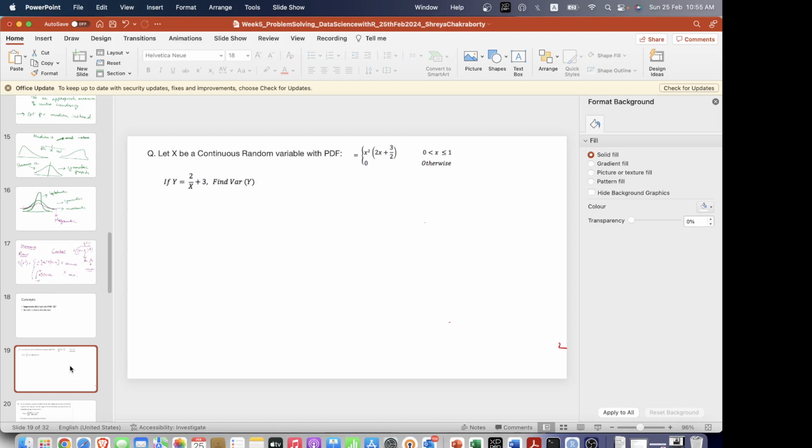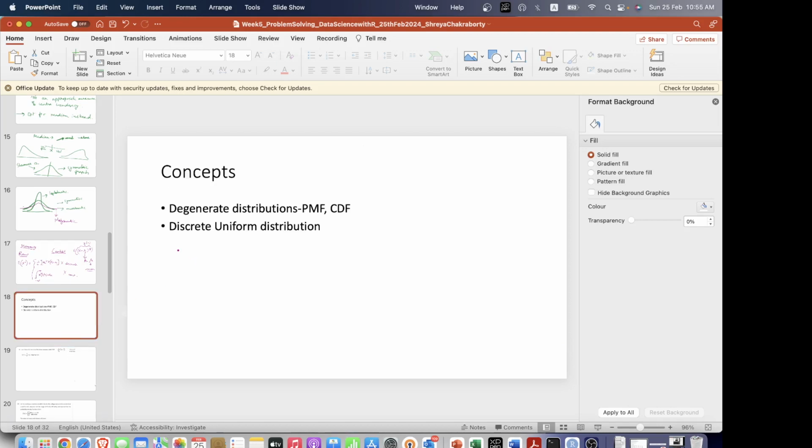Ma'am, can you show us how the degenerate distribution would look if plotted on a graph? For a degenerate distribution, the probability of x equal to c is 1 and at any other point it is 0. So the CDF would look something like this.